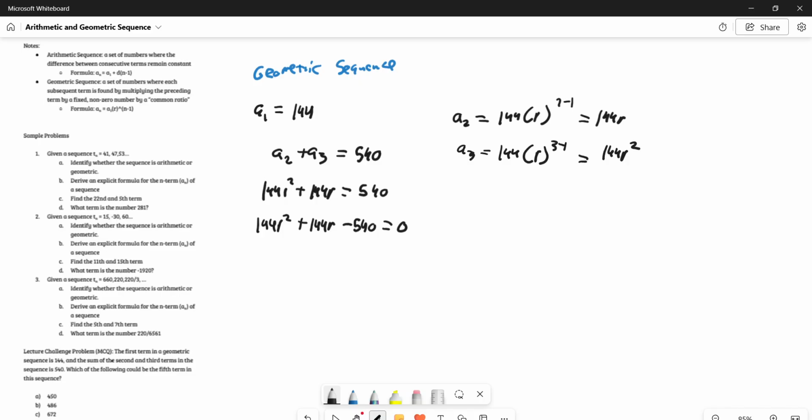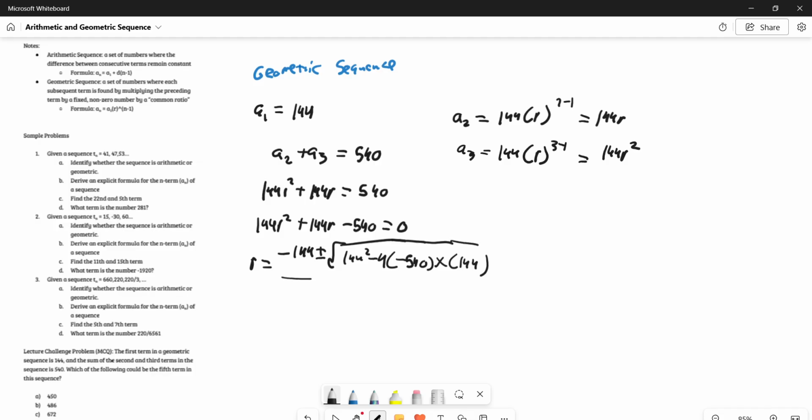So what we're going to do to find solutions for r, we need to use the quadratic formula. And if you don't remember the quadratic formula, it's negative b plus or minus the square root of b squared minus 4ac, and then all over 2a. And we'll just replace the x with the r. So r is negative 144 plus or minus the square root of 144 squared minus 4 times negative 540 times 144.